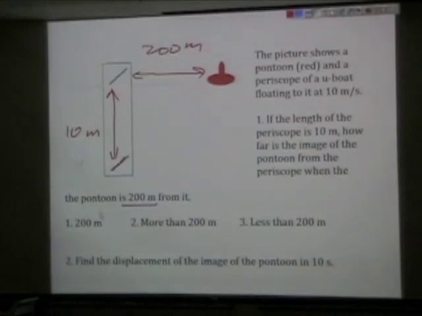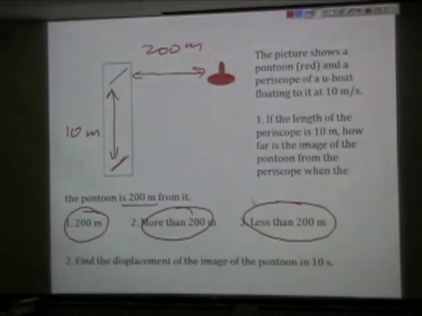So what do you think? These are your answers. Well, what does it mean the image is 200 meters away? It means it's over here. What does it mean that the image is at more than 200? So it's over here. Less, somewhere here. So these are your choices.